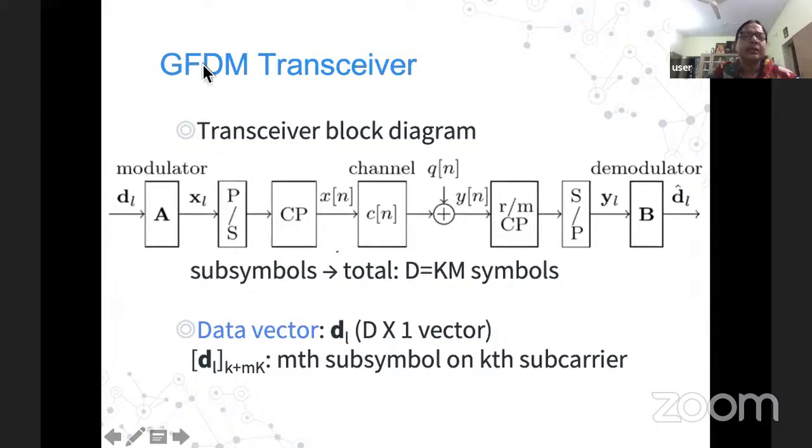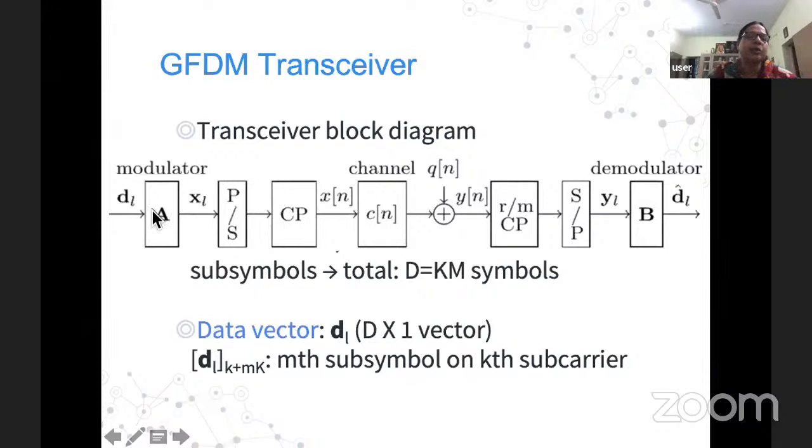So in the GFDM transmitter, we take the data stream and translate this data stream into a matrix A. I'll show you in other slides what the matrix A is. And then we do parallel to serial conversion. We also add a cyclic prefix and pass it through the channel.